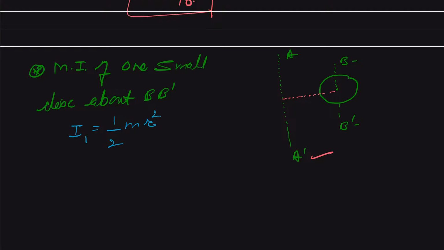We assumed this radius is small r, which we already know. So this is half, small m is m upon 16, and the radius is r by 4 whole square.